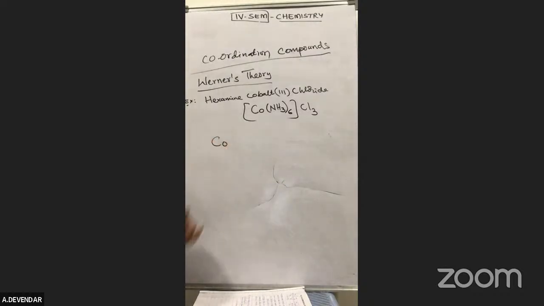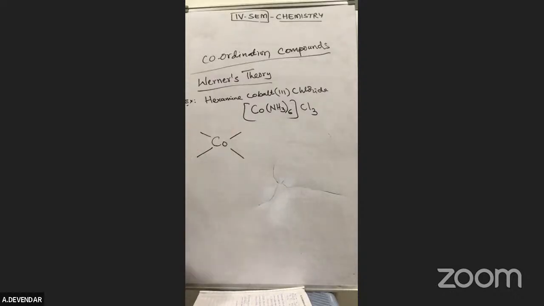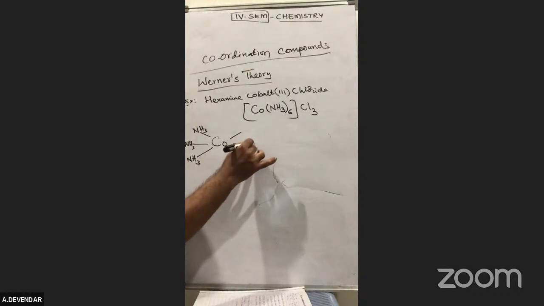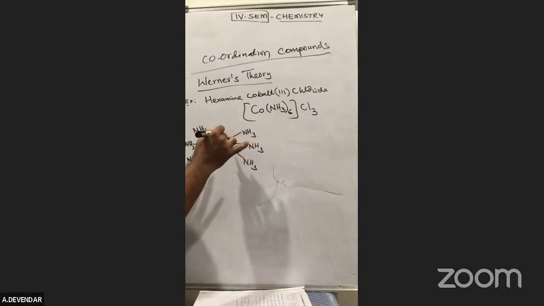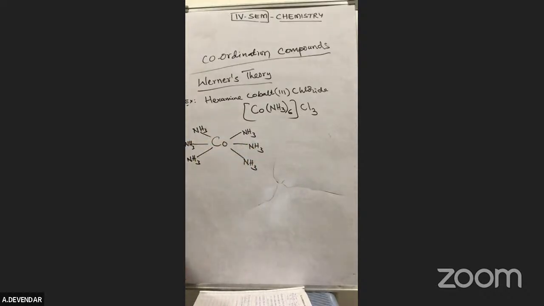Cobalt is the central atom. And here, see the structures. Four are there, and also ligands. Okay, this is ammonia. These are all solid lines. A solid line is secondary valency.